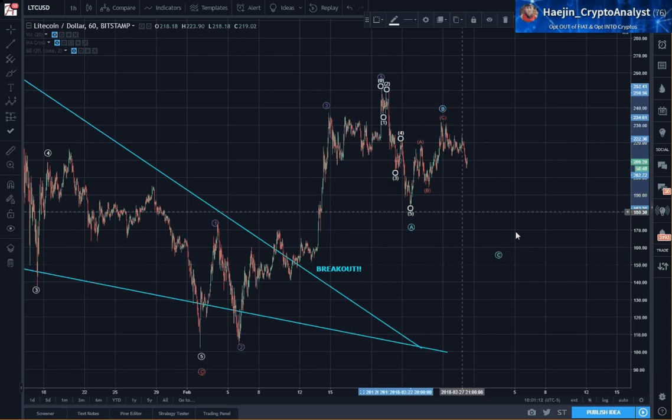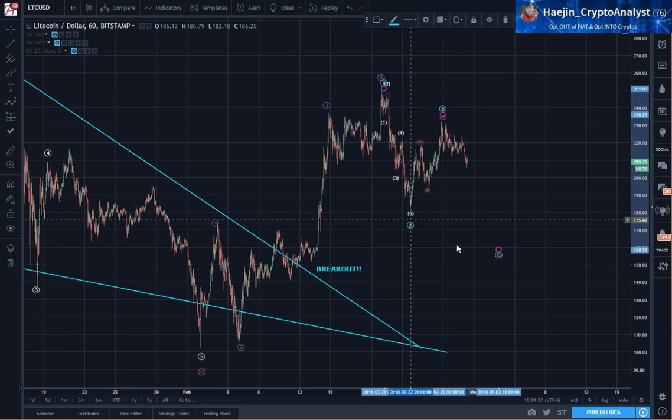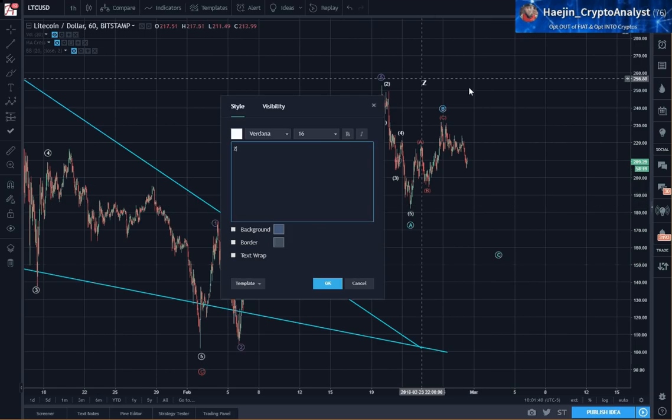So if you have 5 for A and then you have ABC for B, then you're going to get 5 down. And what kind of an ABC correction is this called? It's called a zigzag. 5, 3, 5.